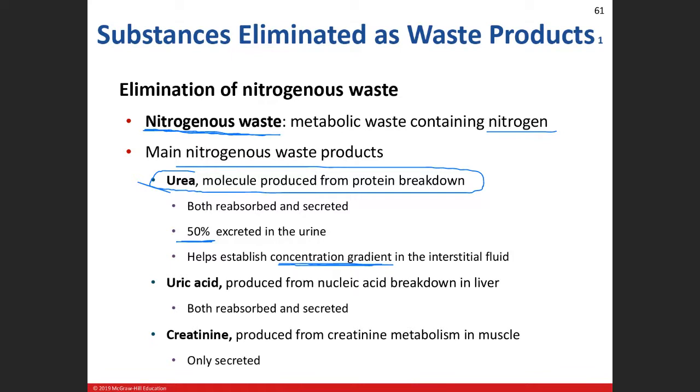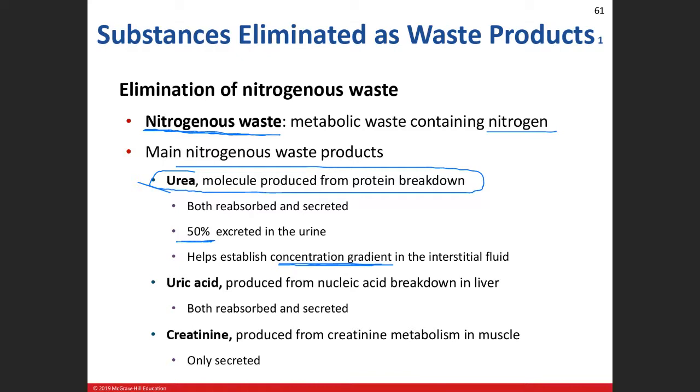If you don't have a concentration gradient, you're not going to see certain passive processes work, because you need something to move down its concentration gradient. Active processes are a different story; when there's a concentration gradient, we're usually moving things against it, or up. But if we don't have a concentration gradient, our passive processes, diffusion, facilitated diffusion, and osmosis, are going to have issues. So we're going to excrete our urea in our urine.